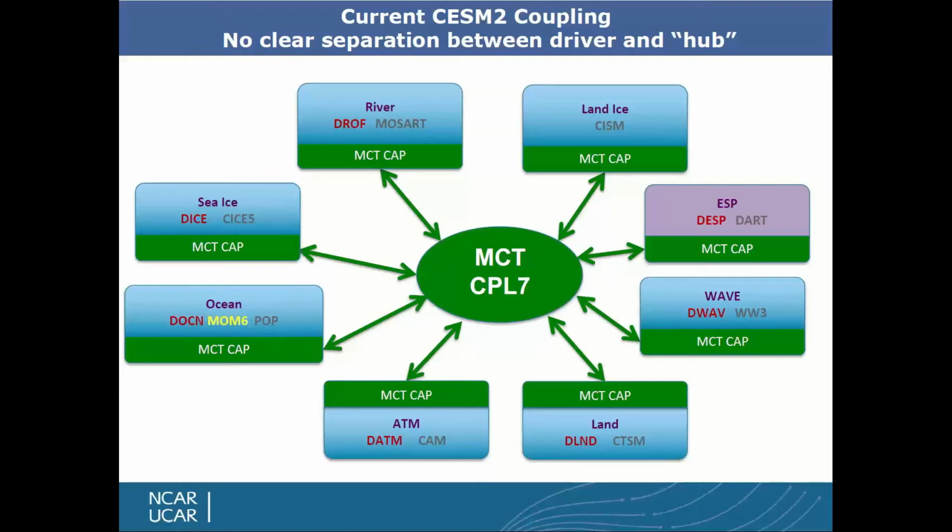And that ability to turn off feedbacks in the system is what we refer to as hierarchical model development, where you can have all data forcing of a prognostic component to do the first set of parameterization developments, and then you selectively start adding in prognostic components piece by piece until you have a fully coupled system. And as everybody that's worked with a fully coupled system knows, when you do development with prescribed forcing and you suddenly turn on feedbacks, you get very, very unexpected results.